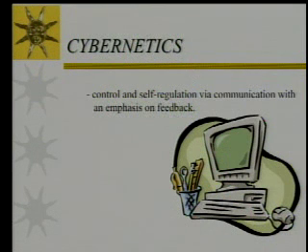Control and self-regulation via communication with an emphasis on feedback. Think about that. Control, self-regulation, communication, feedback. Now we take a look at this because it also applies to people.